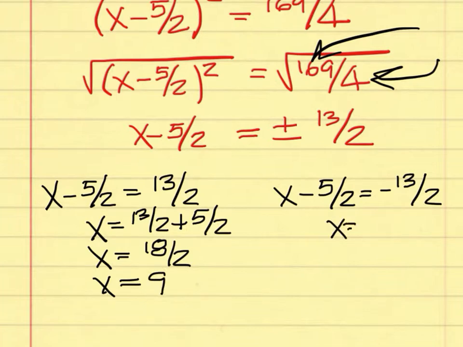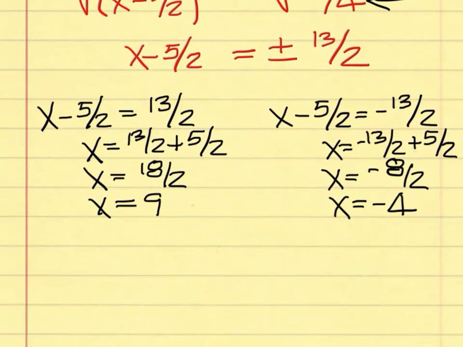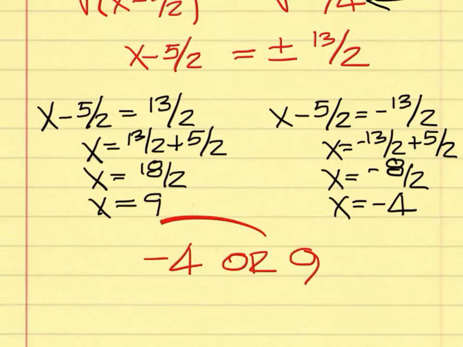On the right-hand side, negative 13 over 2 plus 5 over 2 is going to be a negative 8 over 2, which simplifies to negative 4. So your answers are negative 4 or 9.